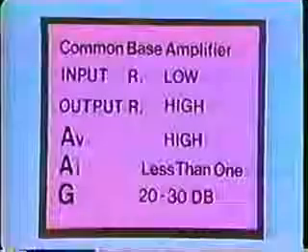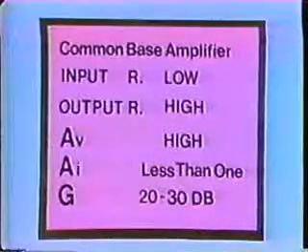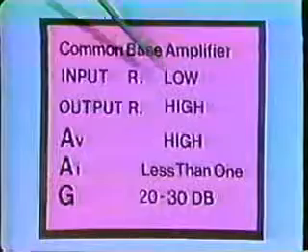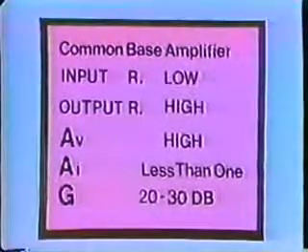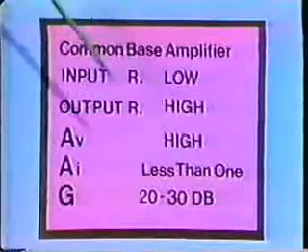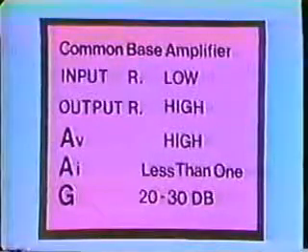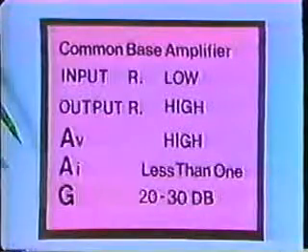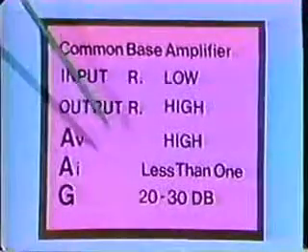We will now return to the common base amplifier and look at its characteristics. It has a low input resistance, usually from 25 ohms to 200 ohms, and a high output resistance, usually 300,000 ohms to 500,000 ohms.